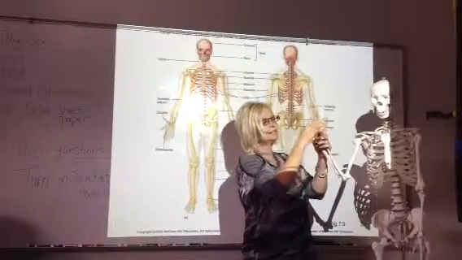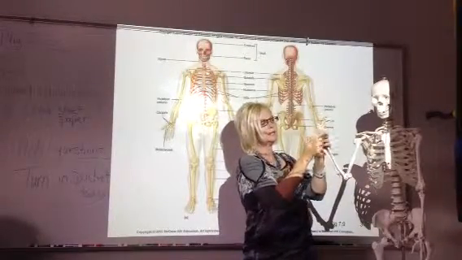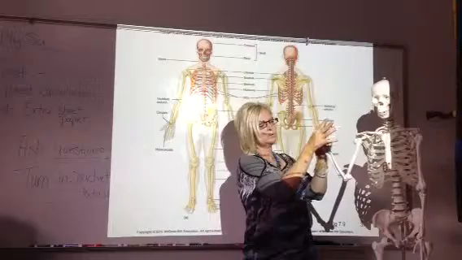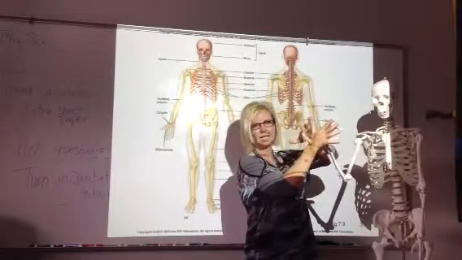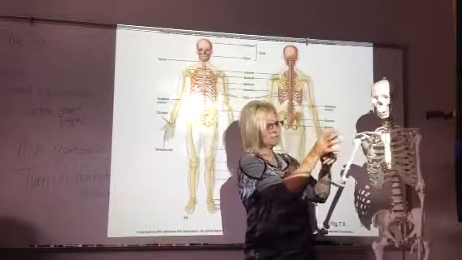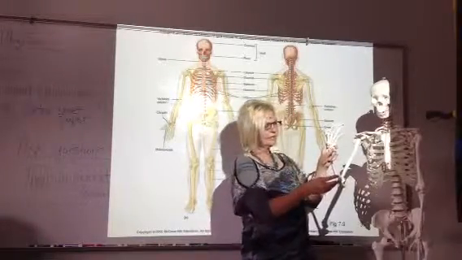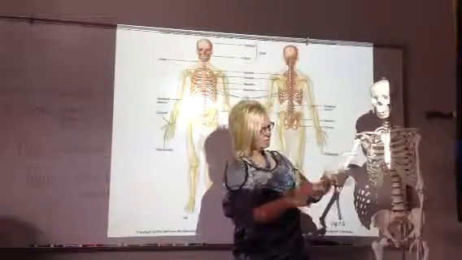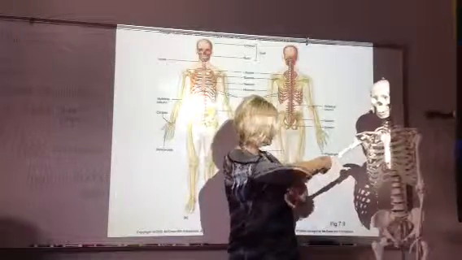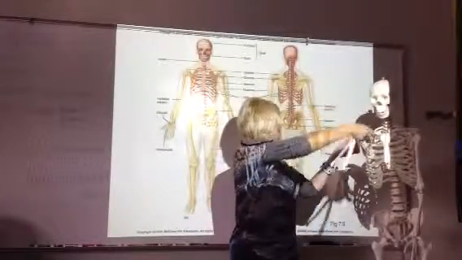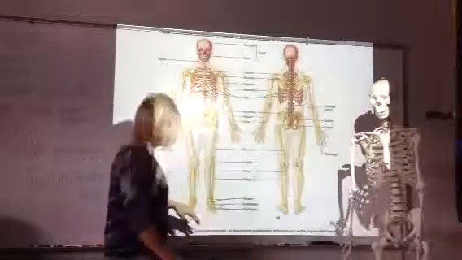So my fingers would be from here to here. These long bones are the bones that are found inside of your hand. And you don't really think of them being that long and shaped like that. And then your carpals are the tiny little bones of your wrist.